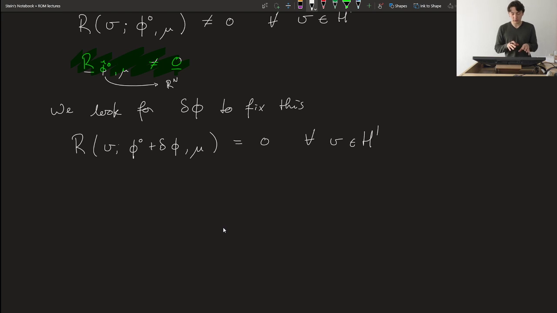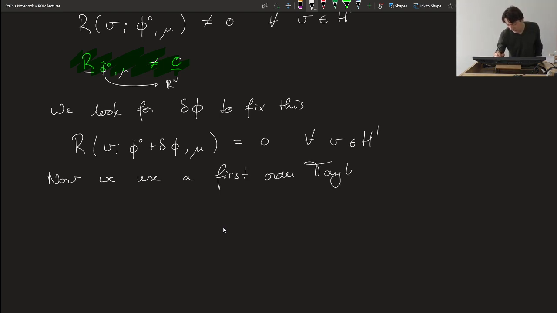But still, we can improve this, right? If we have a nonlinear function and we're looking for its root, then what we do is a first order Taylor expansion. What was that again?